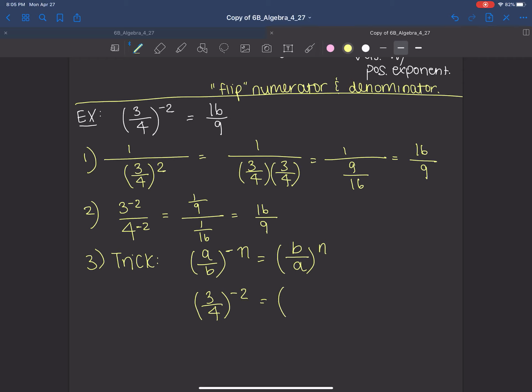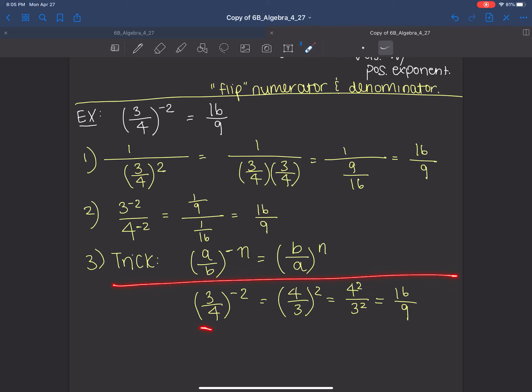If we match our expression here, we have 4/3 squared. And then we can solve 4/3 whole thing squared in any sort of ways we want to get 16/9. So I like that trick personally. This to me is the best way because it just gets rid of negative exponents really fast and you don't have to work with crazy fractions.